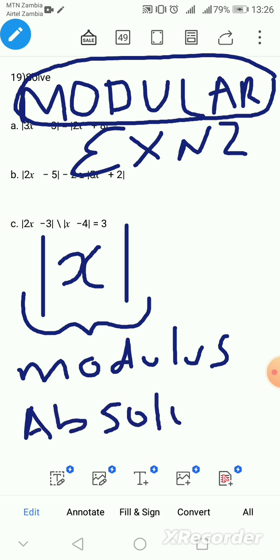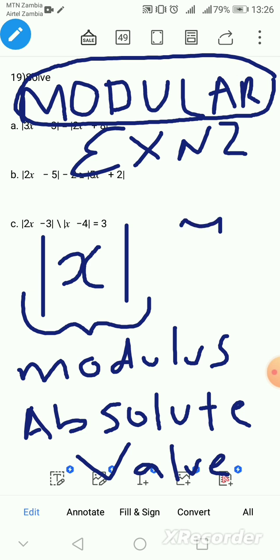That's why we'll find that when calculating the absolute error, we use these straight lines, because absolute is the same as modulus. So when you hear modulus or you hear absolute value, it simply means whichever variable you're working with, you put it between two straight lines like that.